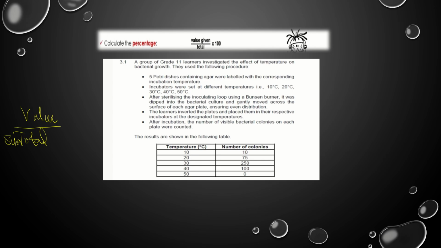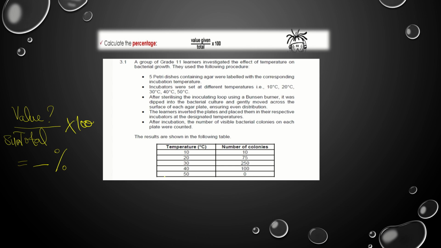I call it sum total most of the time. Value questioned, divide by sum total, multiply by 100. This gives us a value, and the unit is percentage.